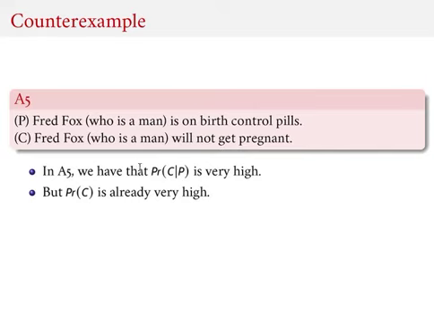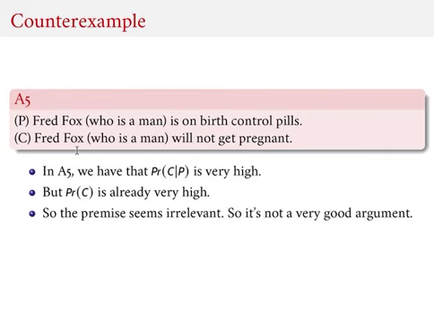So just because the probability of the conclusion given the premise is very high, it might be that that is in part, or mostly, because the probability of the conclusion is already very high. So it could be that the probability of the conclusion given the premise is very high, but it's not the case that it's the premise which makes the conclusion very probable. So that's why this argument doesn't seem like a very good piece of reasoning, even though our first proposal says it is.